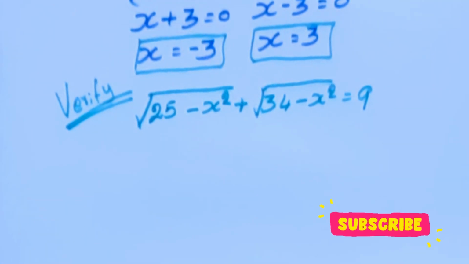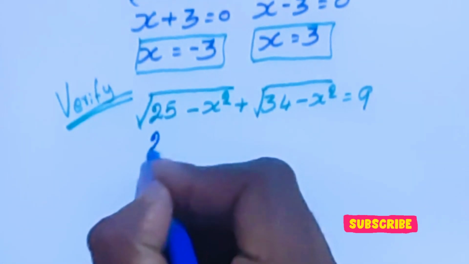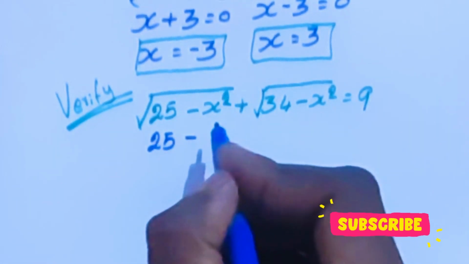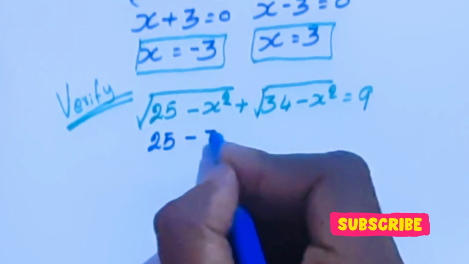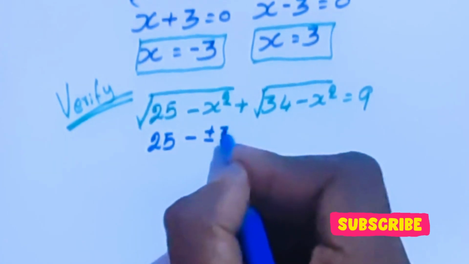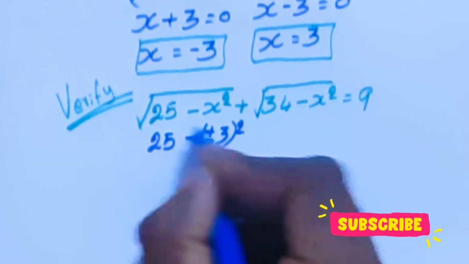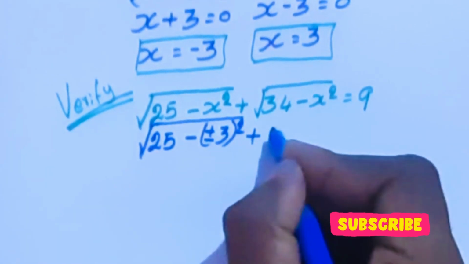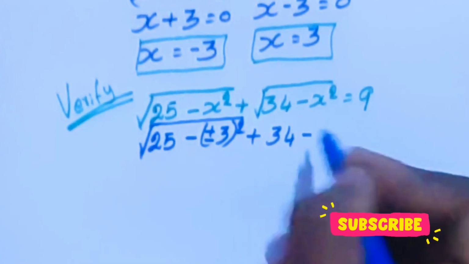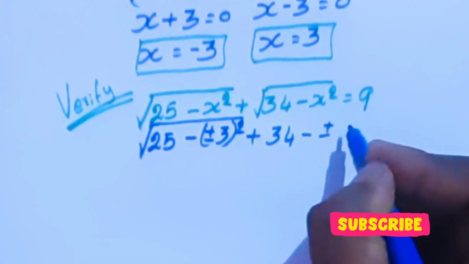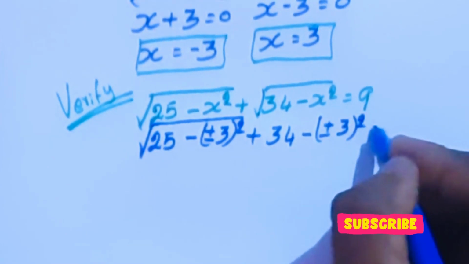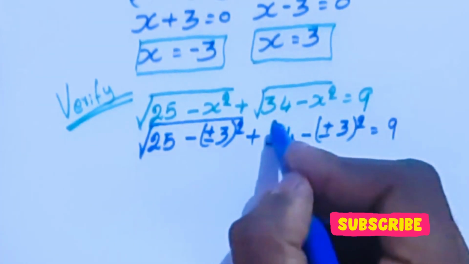Now, 25 minus, we are going to apply plus or minus 3 whole square in the square root, plus 34 minus plus or minus 3 whole square equal to 9.